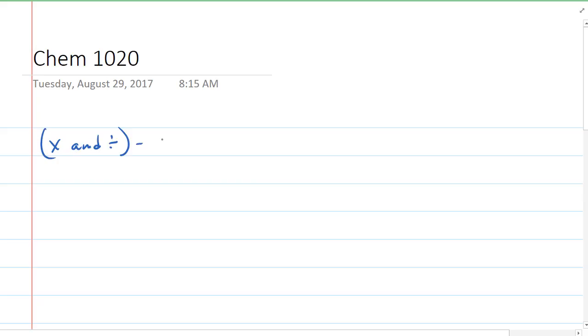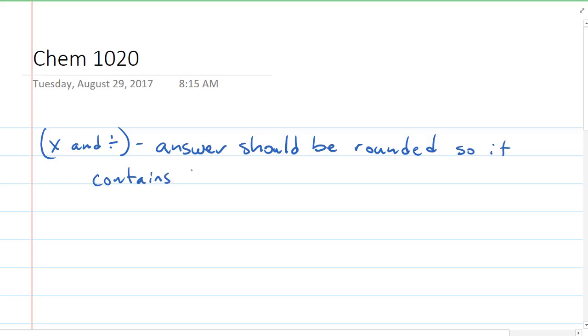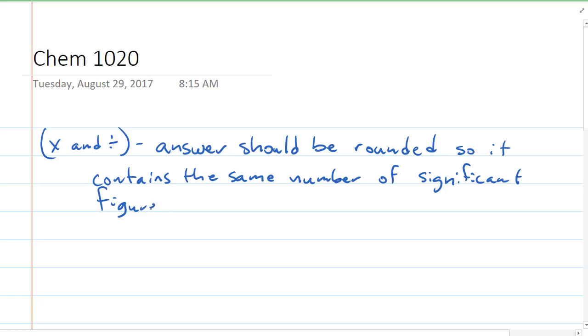And what we say is that your answer should be rounded so it contains the same number of significant figures as the measurement having the fewest significant figures.